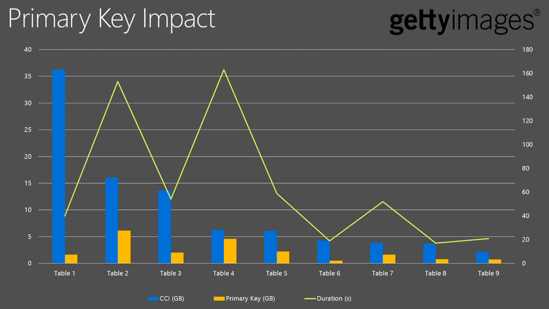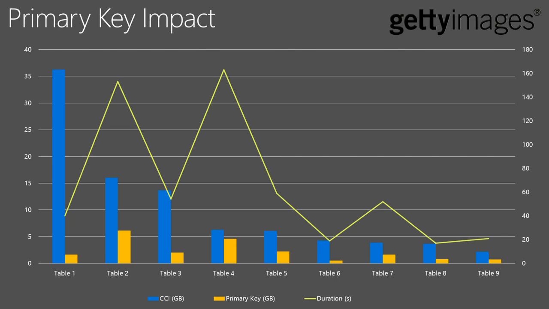But then you look at Table 2 and Table 4, and you see that the non-clustered indexes were roughly 5 times larger than Table 1. And so it took longer to write the non-clustered indexes out.